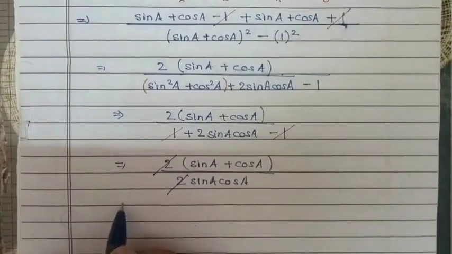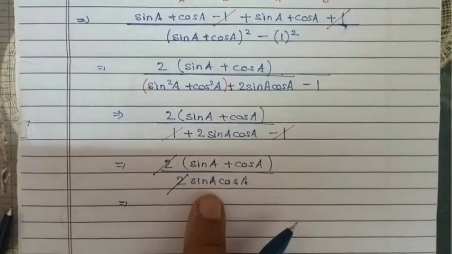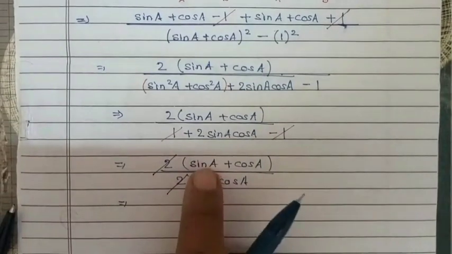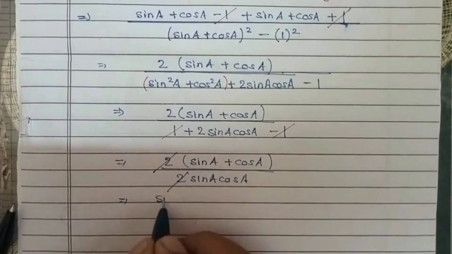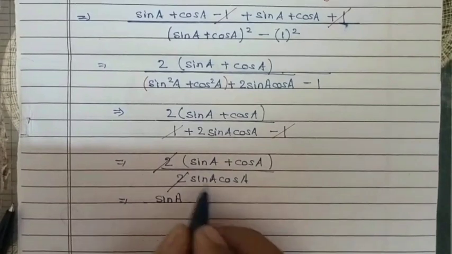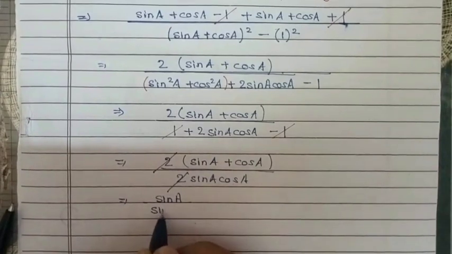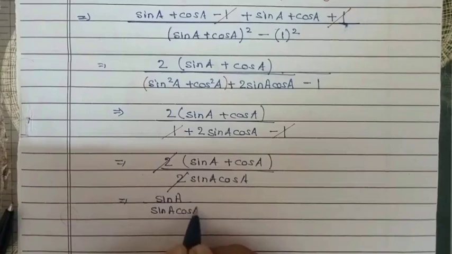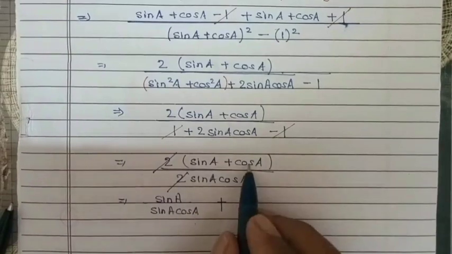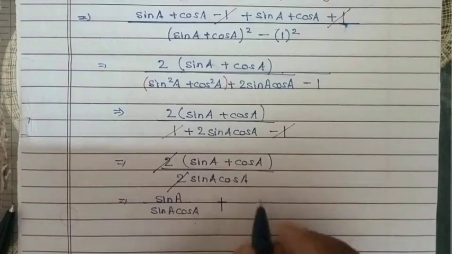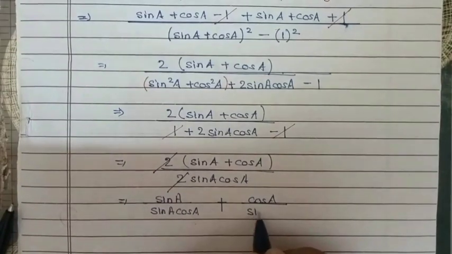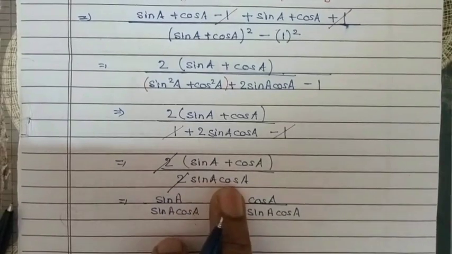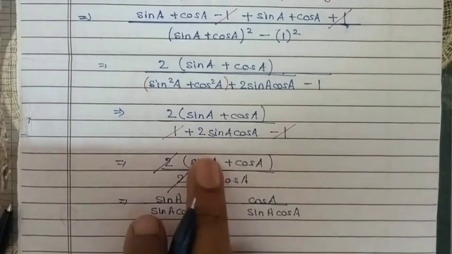Now in the next step, we are going to do the partial fraction over here. Sine A with the denominator sine A cos A, then in this one again cos A with the denominator, you will write them separately. See, this sine into cos is denominator for both.